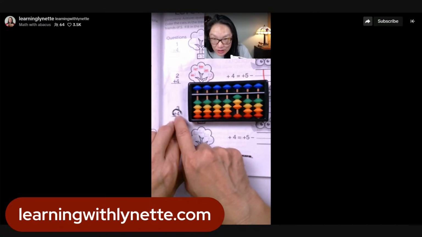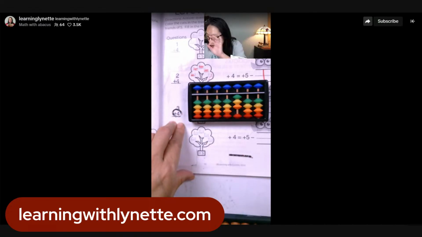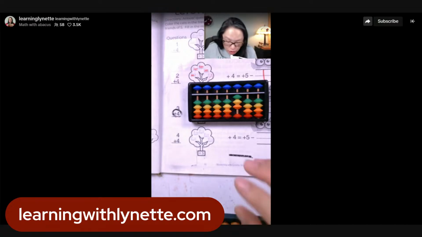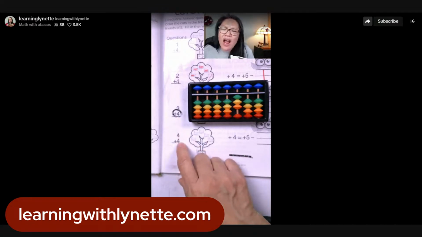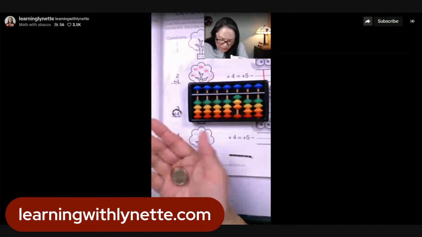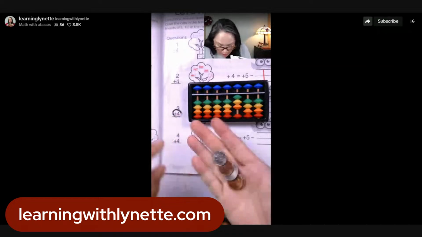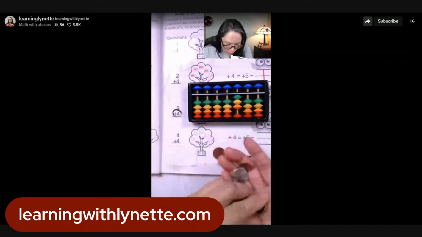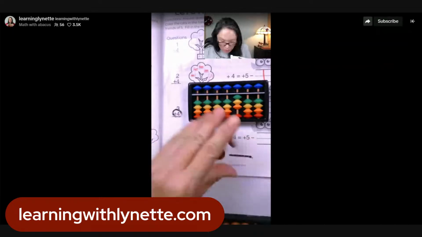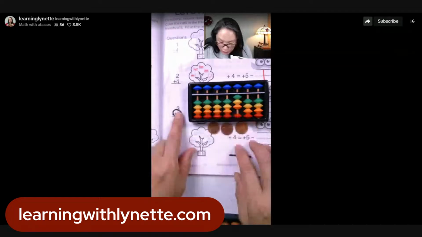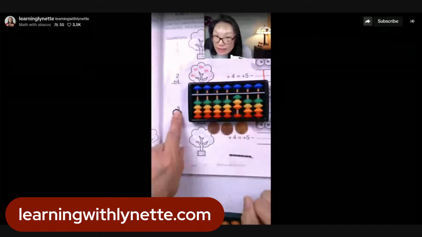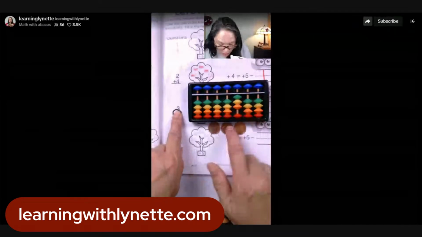What are we trying to do? In school, we're telling the kids to memorize. That's it, just memorize. But let me show you. So if you notice, we have 3. I have 3 on the abacus. When I have 3 on the abacus, I have 3 pennies. We know that these are 1 cent. Because these are 1 cent, I want to add the 4. But you know what?